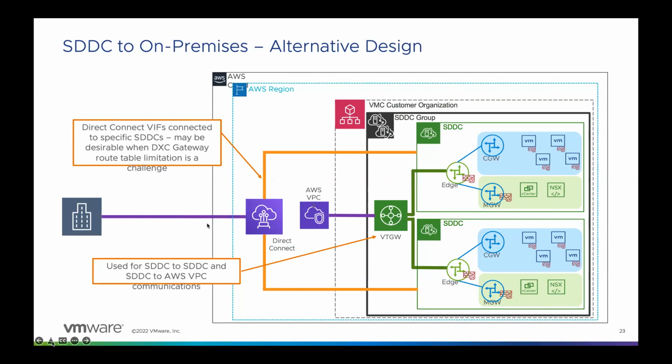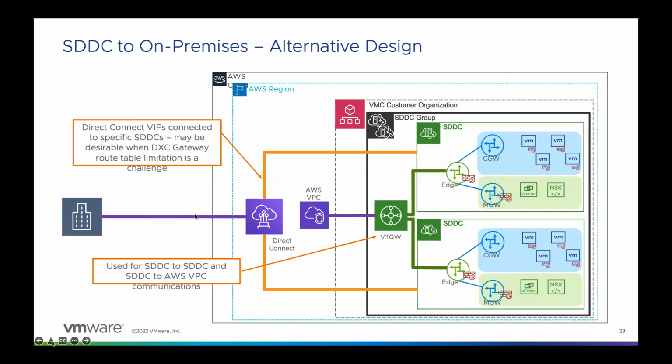So the best thing to do in that instance is to start provisioning private VIFs, which are private connectivity into your SDDCs. Here you can see that there have been private VIFs provisioned off of this Direct Connect. You can have up to 50 of these, and these are connected directly to the SDDCs.